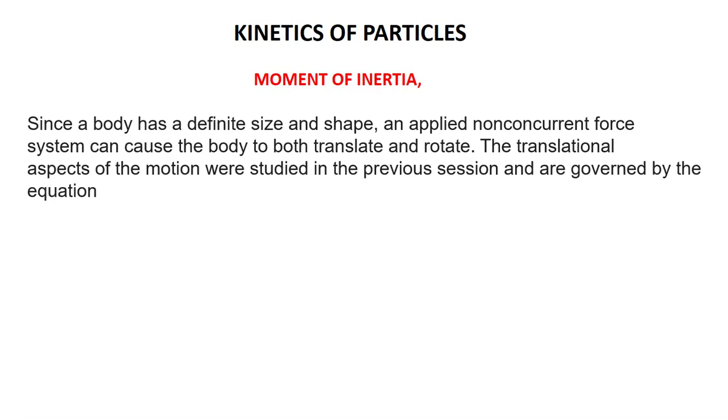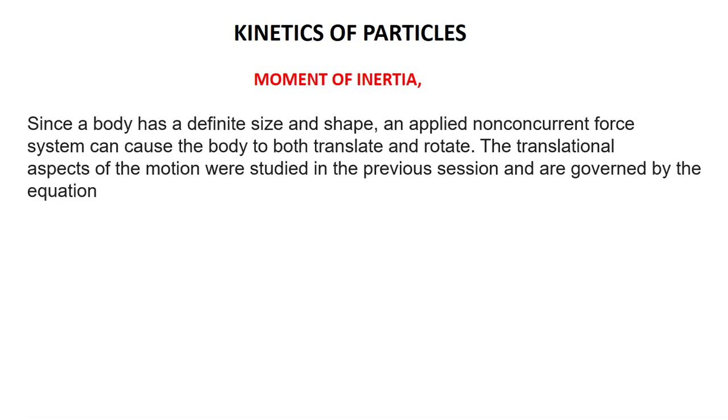Now in this case today we'll look at the moment of inertia, which is just going to describe the forces that occur when a body is rotating. So in other words, we are just going to look at the rotational aspect of motion of a body.